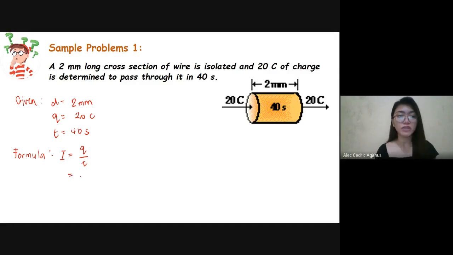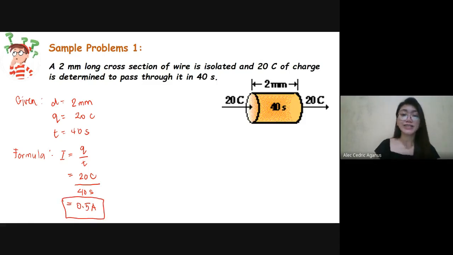Q is 20 coulombs divided by 40 seconds. So 20 divided by 40 is 1/2, or just write 0.5. Then don't forget the unit for current, that is amperes. So the final answer is 0.5 ampere.